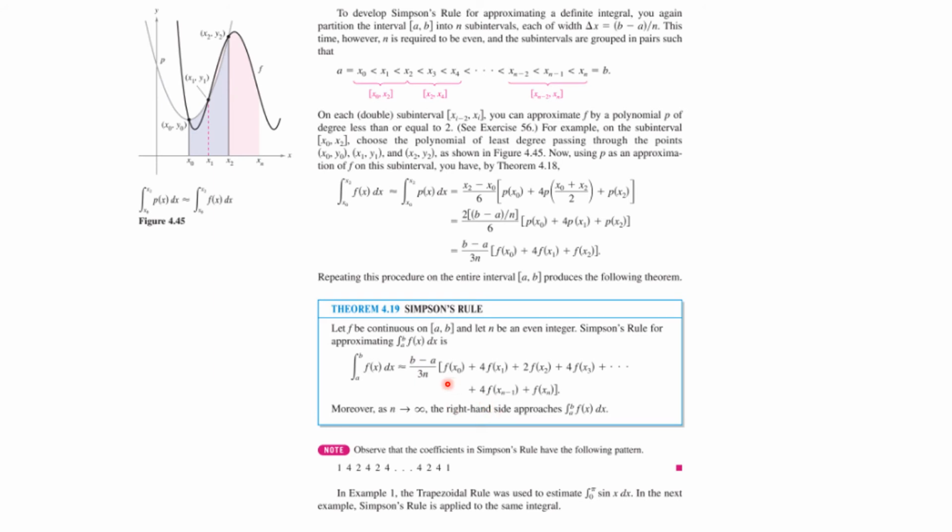Notice what happens: this endpoint is by itself, this endpoint is by itself, but because we're using the parabola, we're alternating 4, 2, 4. Keep alternating 4 and 2. Your last one is 4, and then you go back to 1. As n tends to infinity, the right hand side approaches the definite integral. So observe the coefficients work according to this pattern: 1, 4, 2, 4, 2, 4, dot, dot, dot, 4, 2, 4, and 1.